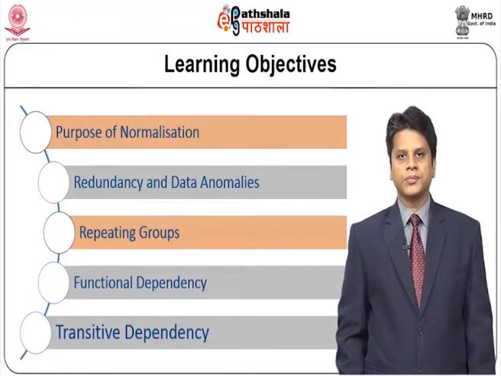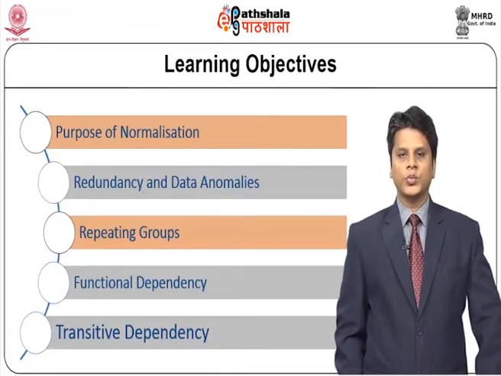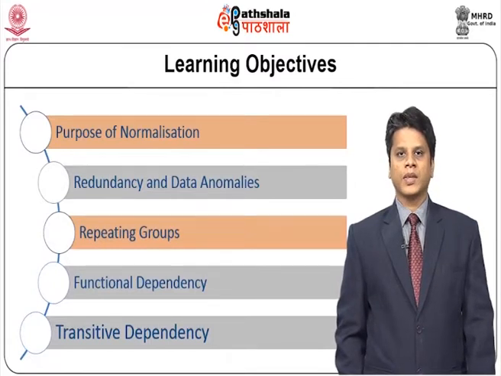To start with, as an introduction to database normalization, it is a process of removing redundant data. By redundant data, we mean we are about to eliminate data which are repeating or appearing more than once in a particular table.